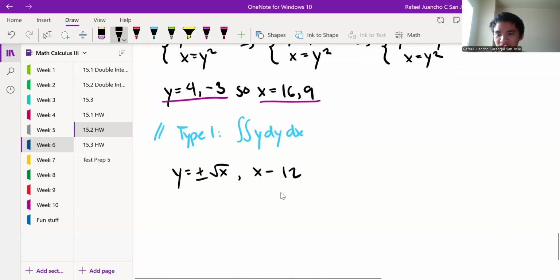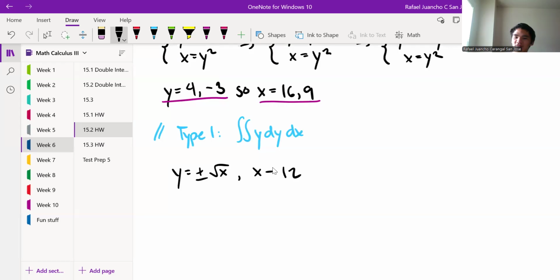And so which one's the upper boundary here? We can just try plugging in values. Let's say if we were to get something bigger than 12, like 25, this gives me a 5, this gives me a negative.